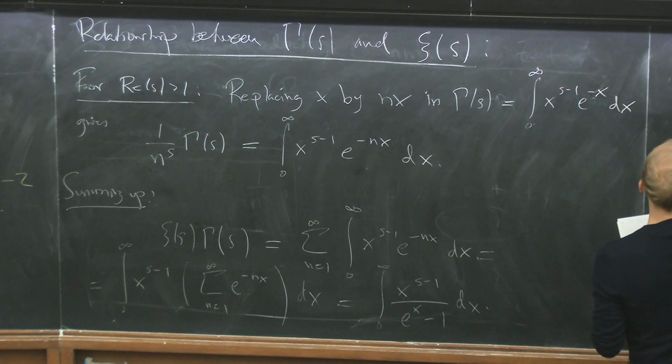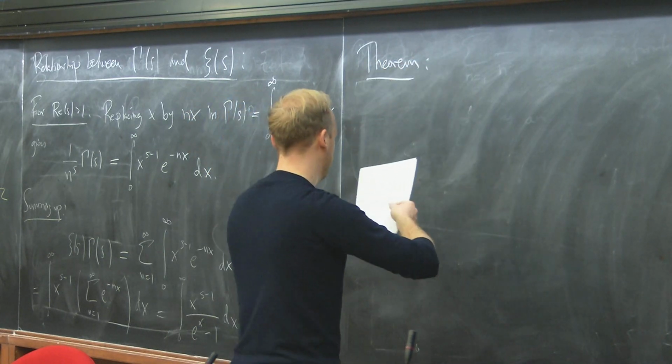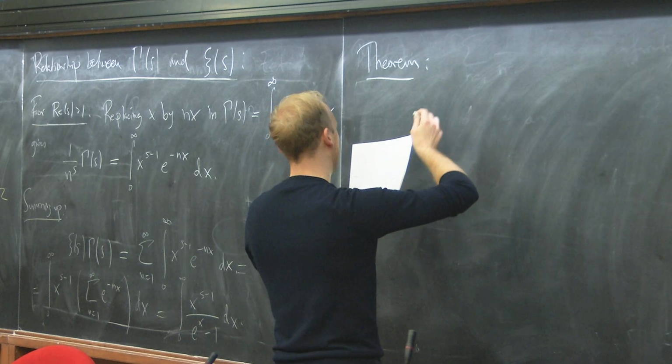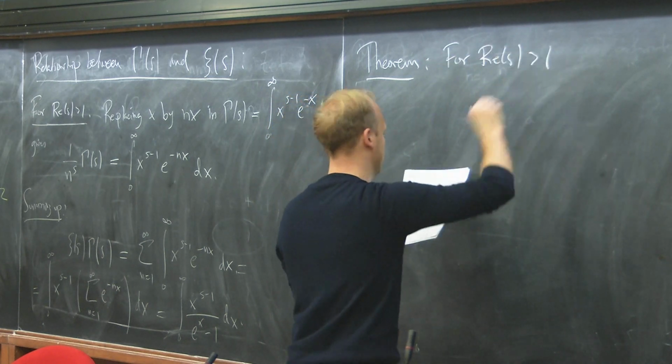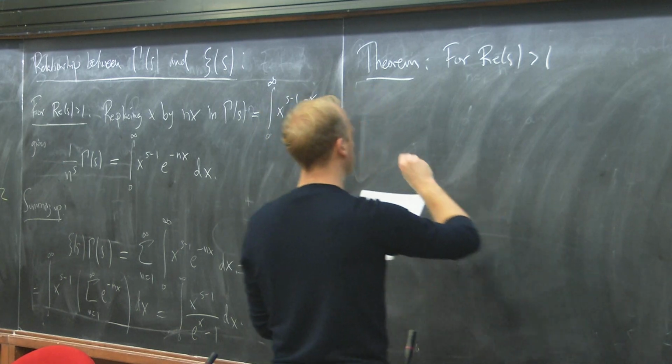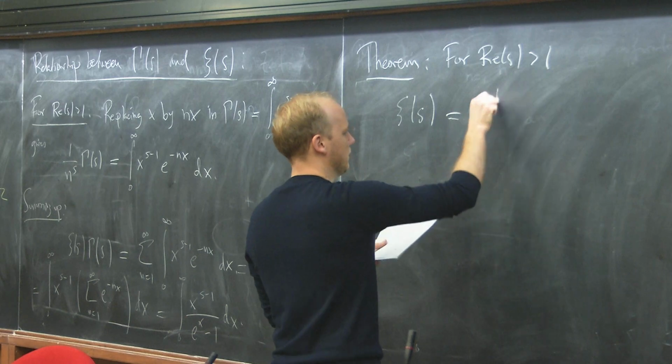Along these lines, we actually get the following theorem, which I will just state without rigorous proof, because of course this is a course in itself. So now it's a small panorama. Gamma of s will then be equal to the following.